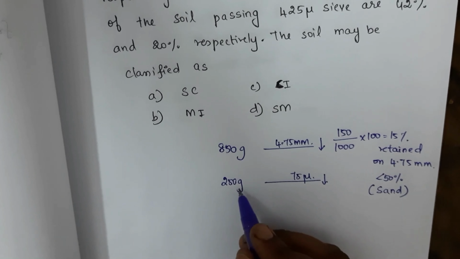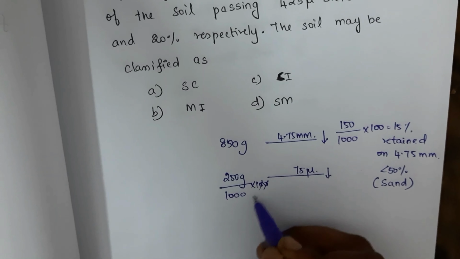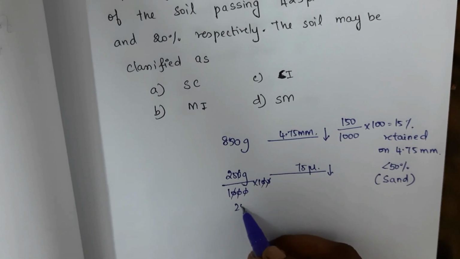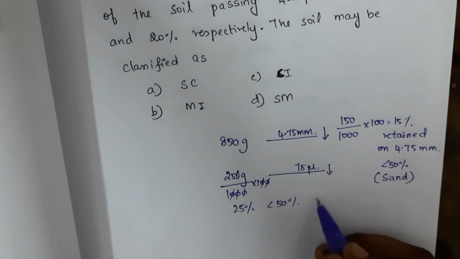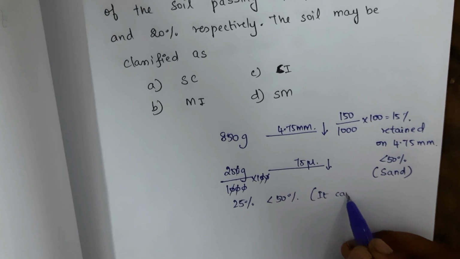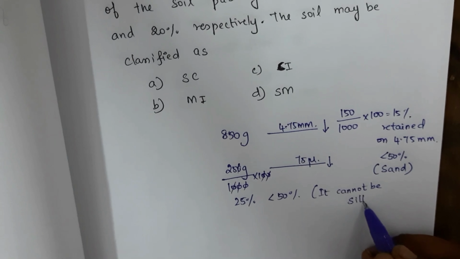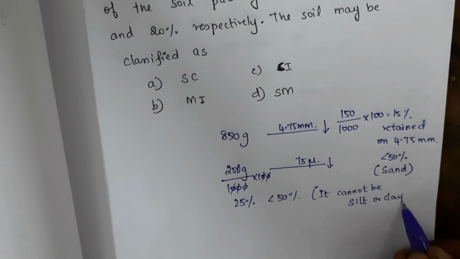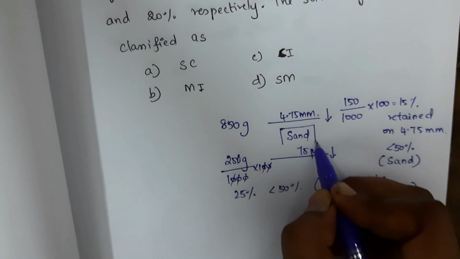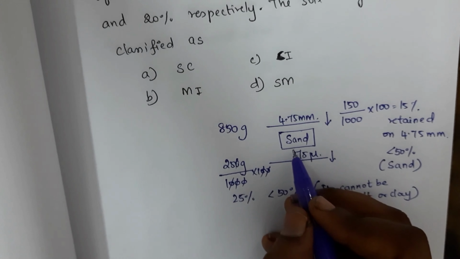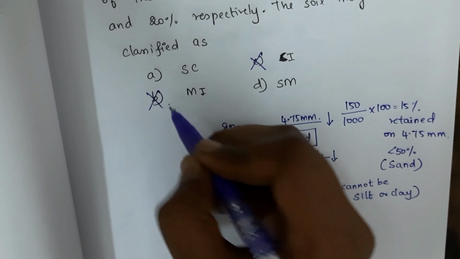The percentage passed is 250 by 1000 into 100. So it is 25%. Again, this is less than 50%. So it cannot be silt or clay. So the answer is sand. So having determined sand, we can neglect the option C and B.